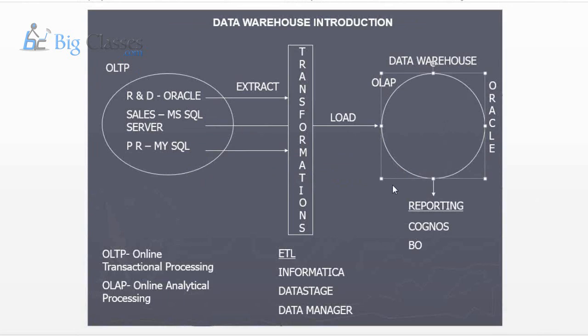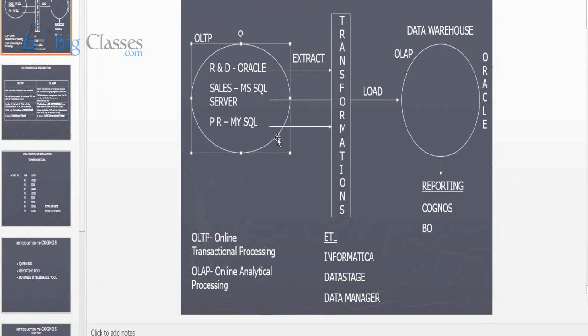Yes, Sumit, please. Can it directly read files? Files in the sense we can access Excel and CSV. But as Informatica does, it is not possible to read from PDFs. You can read from PDF also, right? In Informatica, now you can read from anything.